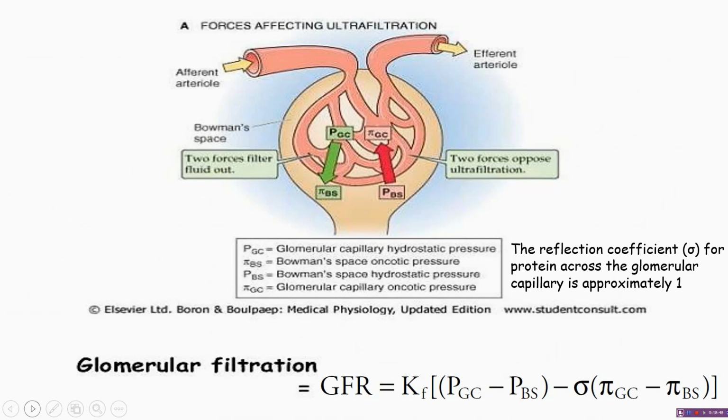So this equation comes like this. There are two things which I have not said. First is the reflection coefficient, which is considered as 1 for the protein in the glomerular system, and second is the filtration coefficient, which we will be discussing later.